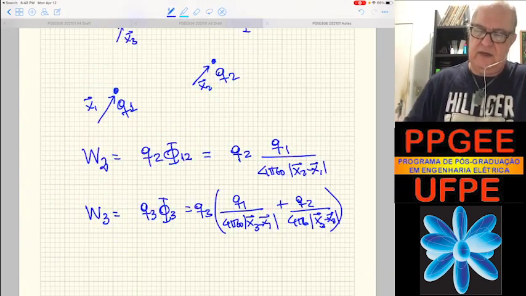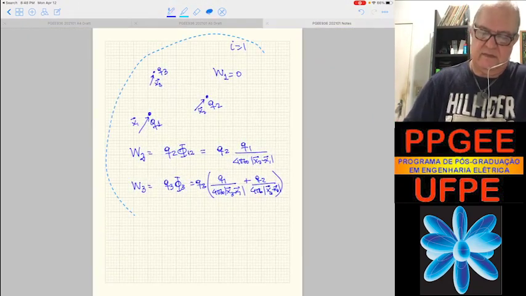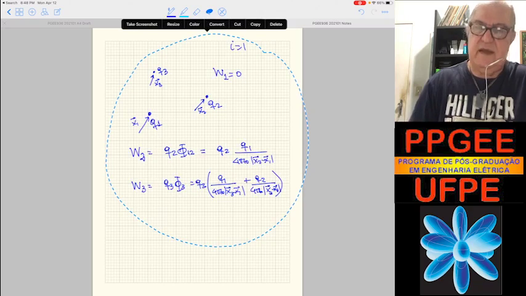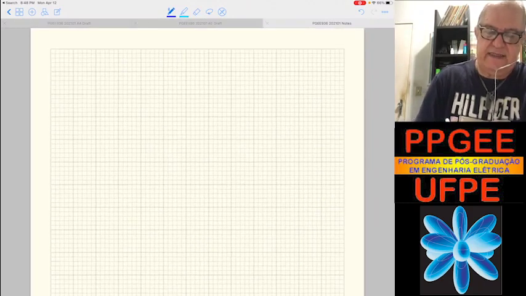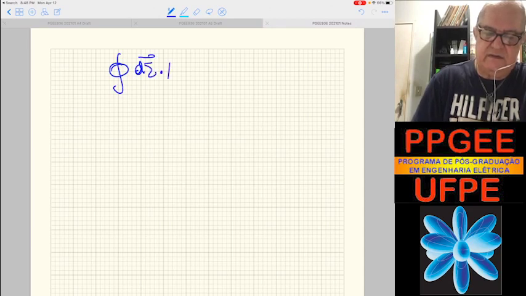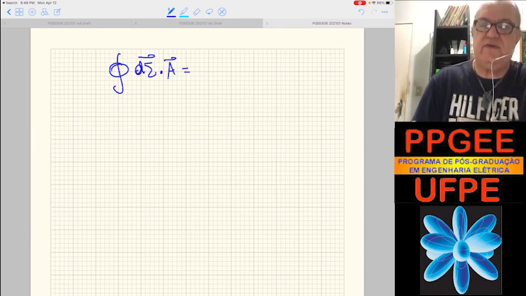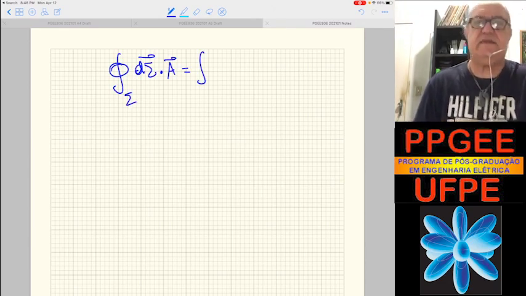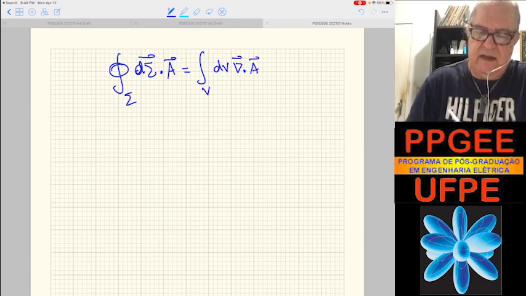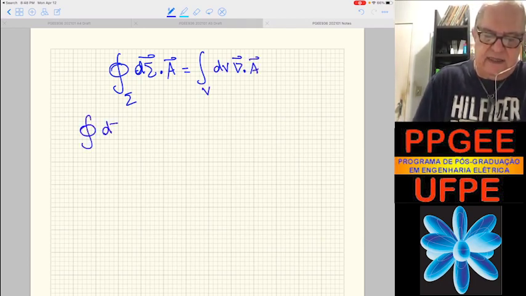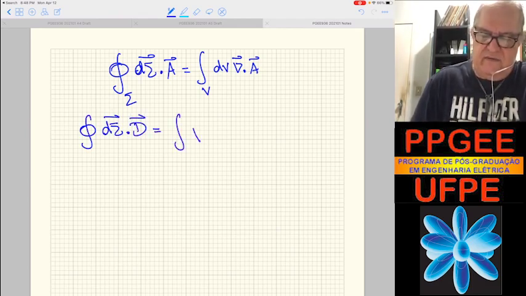Well, let's just quickly do it here. Gauss's theorem. We have Gauss's law and Gauss's theorem, which specifies that the flux of a vector A through an enclosing surface sigma that encloses the volume V equals the volume integral of dV divergence of A. So if we have that equation, the sigma flux of D equals the integral of rho dV.